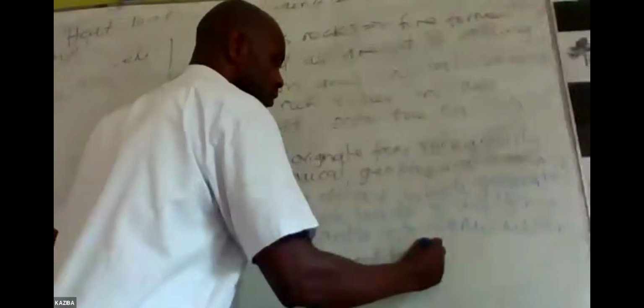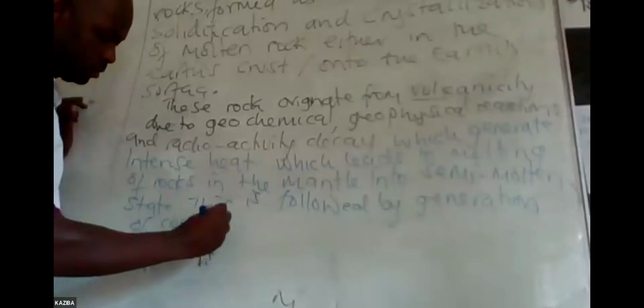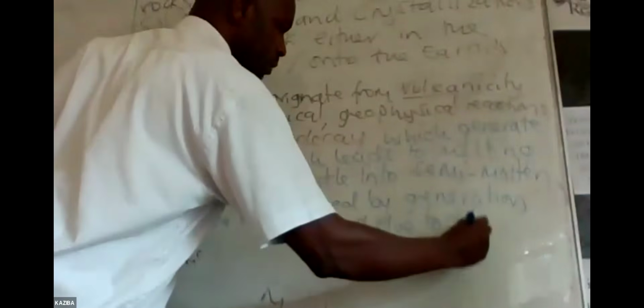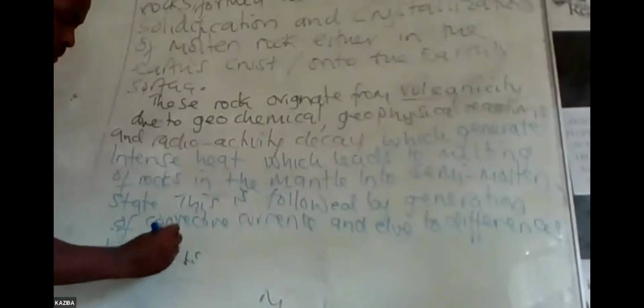Then this is followed, but we don't write big paragraphs in Job 1, write small paragraphs. This is followed by generation of convective currents and, due to differences in pressure, magma is intruded.